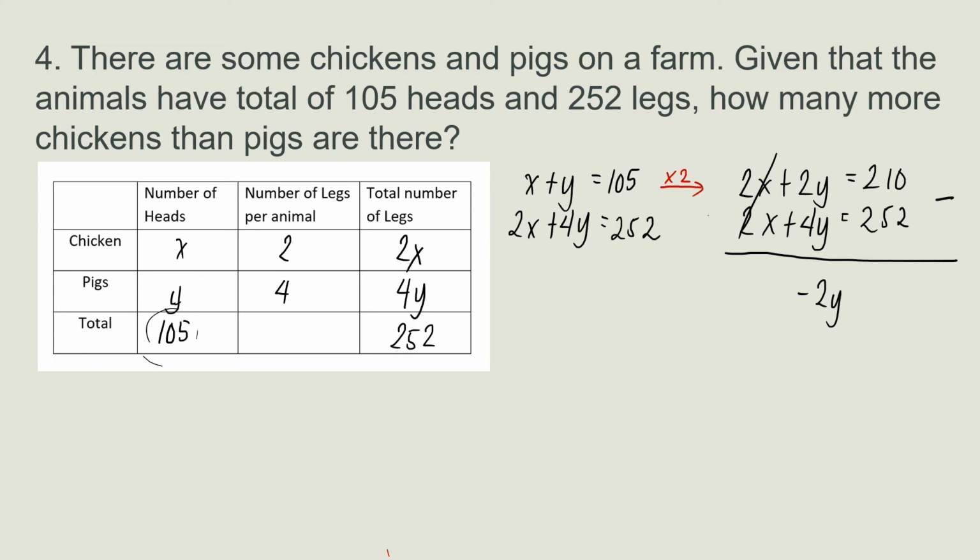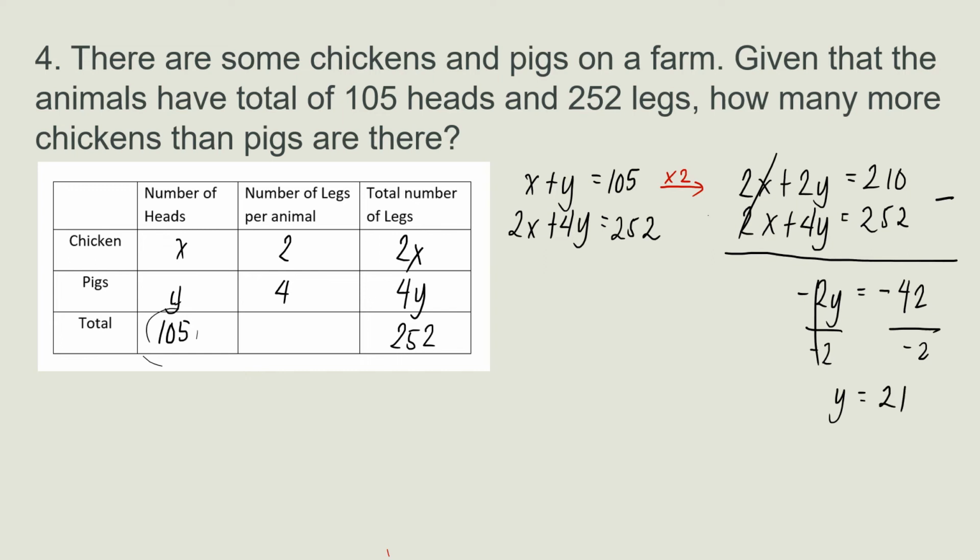Or you can interchange your first and second equation so that you won't have the negatives. Anyway, just the same thing. 210 minus 252 is negative 42. Divide both sides by negative 2. So your y is 21.